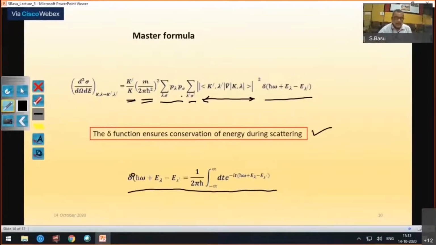This is the integral representation of the delta function. Accept it. Those of you who know, it's okay. Those who don't know, accept it. Because once you accept it, then I can take you forward and show you how this delta function gives me the correlations in the system.